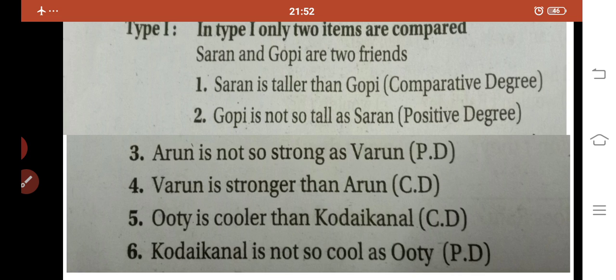One more example we are going to see here. Arun is not so strong as Varun. Here we have so strong as. The word strong shows it is in a positive form. There is a comparison between Arun and Varun alone, so this is type 1.